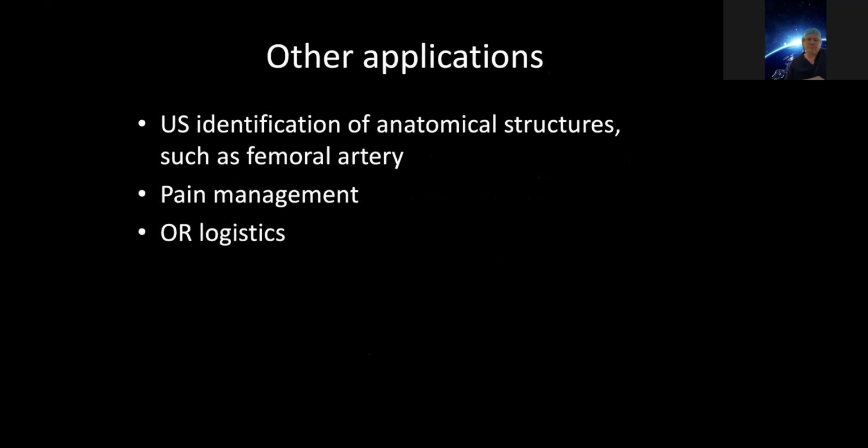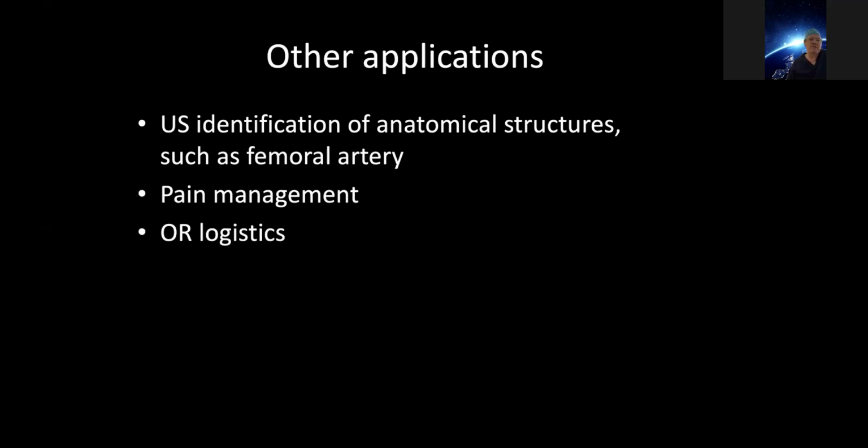The next slide just shows a couple of other applications. There is obviously the application of machine learning in ultrasound identification, mostly of anatomical structures. Where we are hitting a limit is the nerve structures. They're a little bit more complex, so that's why there are not that many studies out there, although people are working on it.